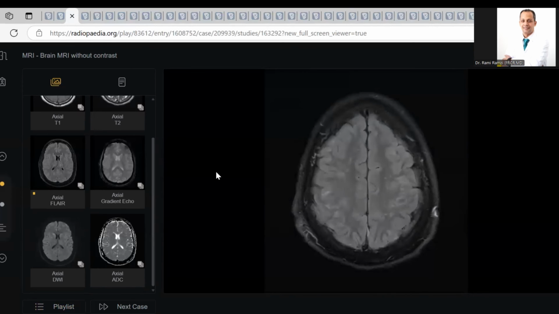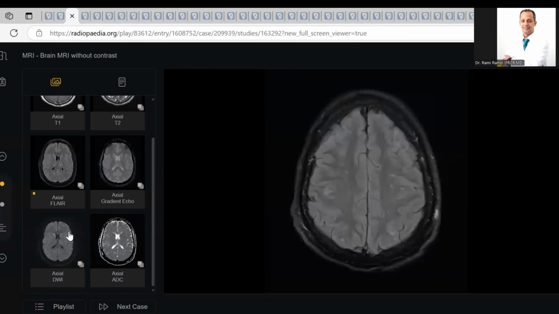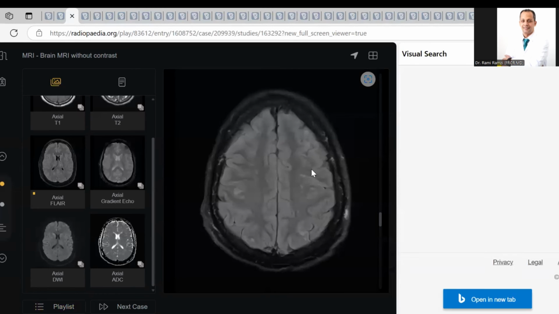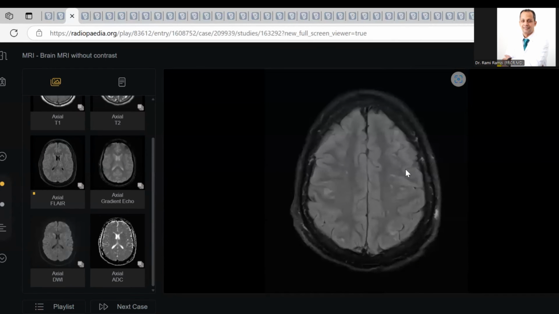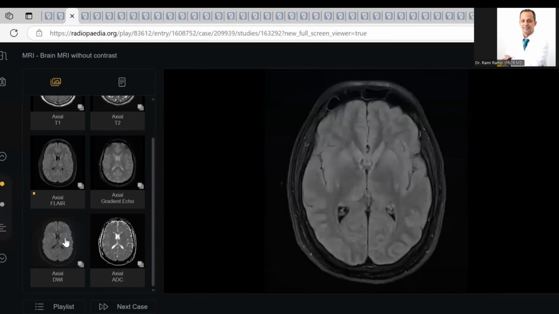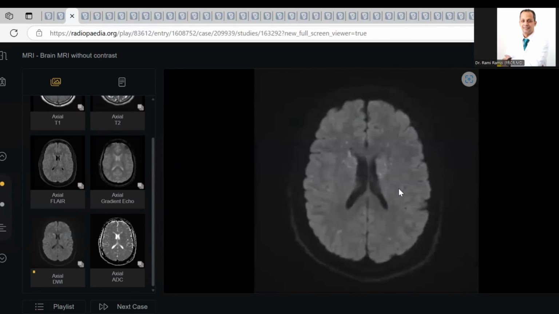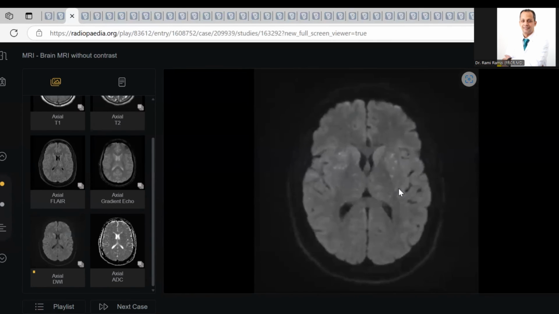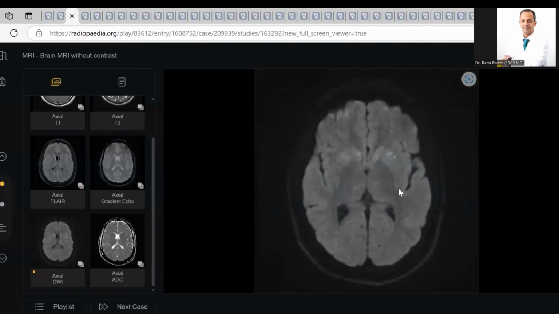I can appreciate multiple areas of high signal intensity, mostly located in the subcortical region or near the junction of the gray white matter. This is the diffusion weighted image. What's your differential diagnosis? These areas are showing diffusion restriction.